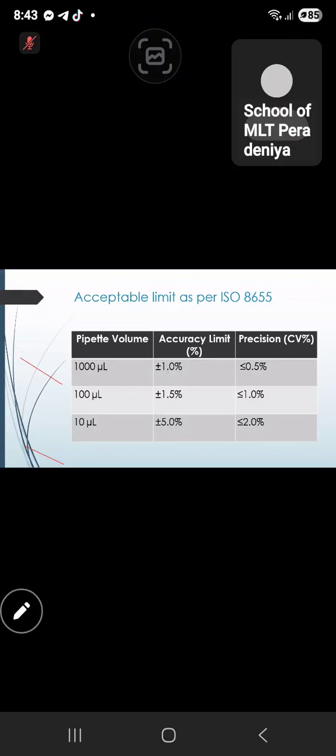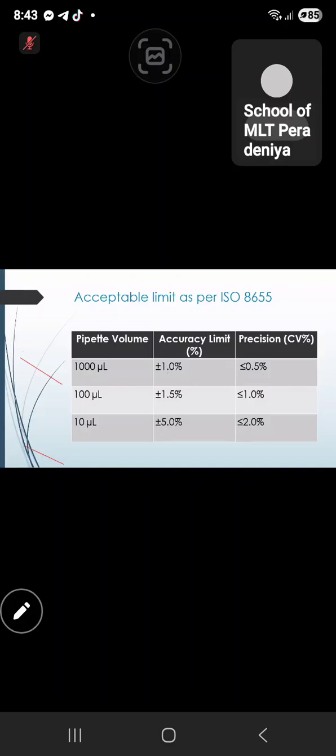If the pipette volume is 1000 microliters, accuracy of plus or minus 1% is accepted, right? That means you can see a 10 microliter difference, 990 to 1010 microliters. In that range, it is accepted.